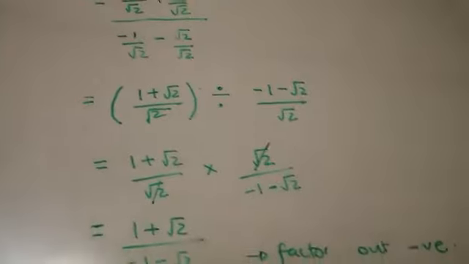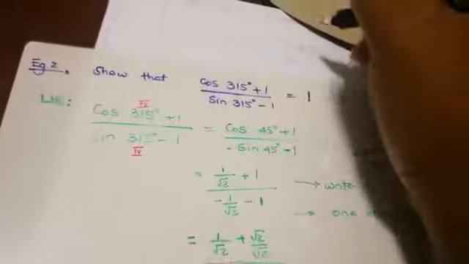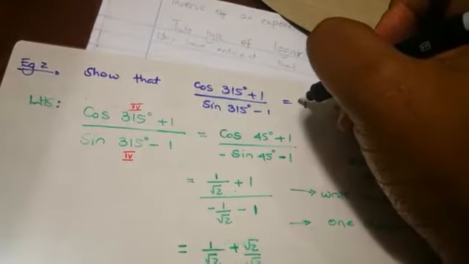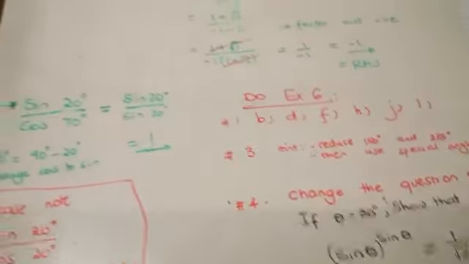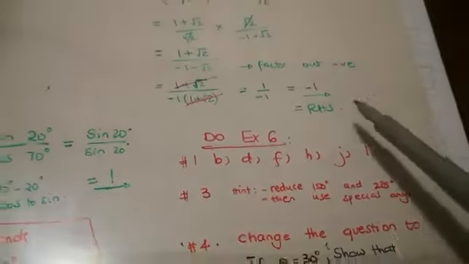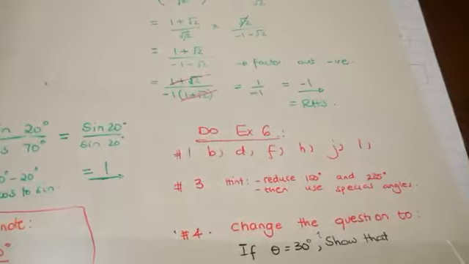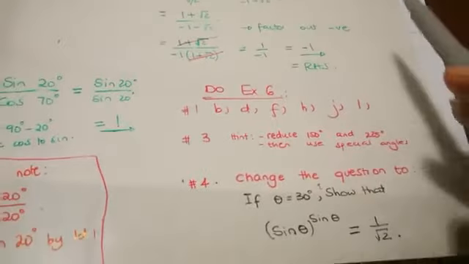Okay, so sorry, here it's negative 1, not 1. So it gives you negative 1, which is equal to the right hand side. Okay, so I hope that is clear.